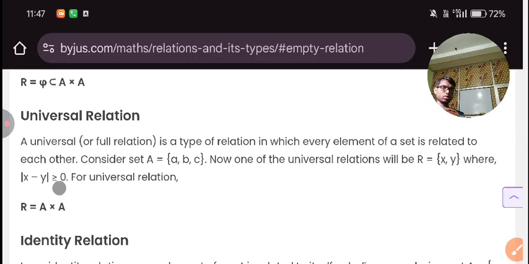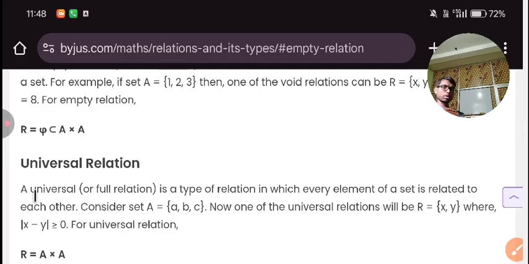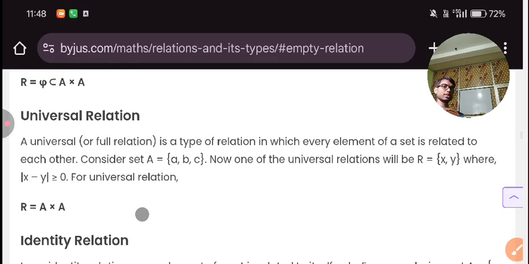Universal relation, we will take all the ordered pairs. A universal or full relation is a type of relation in which every element of a set is related to each other. Consider set A equals {a, b, c}.